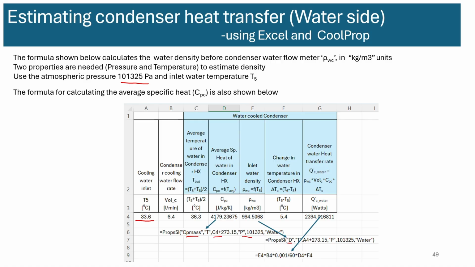So it's done in here. This is also converting liters per minute to cubic meters per second. So the answer finally will be in watts. All right, that's how we calculate the condenser heat transfer on the water side.